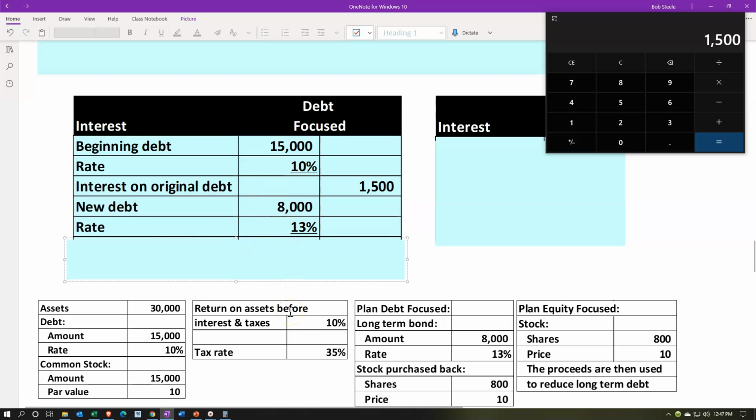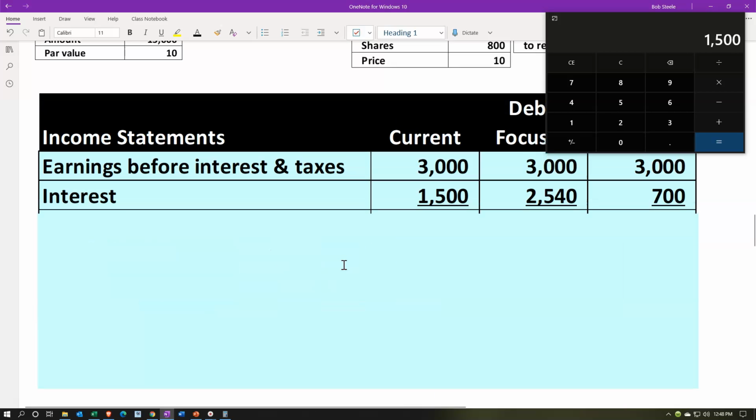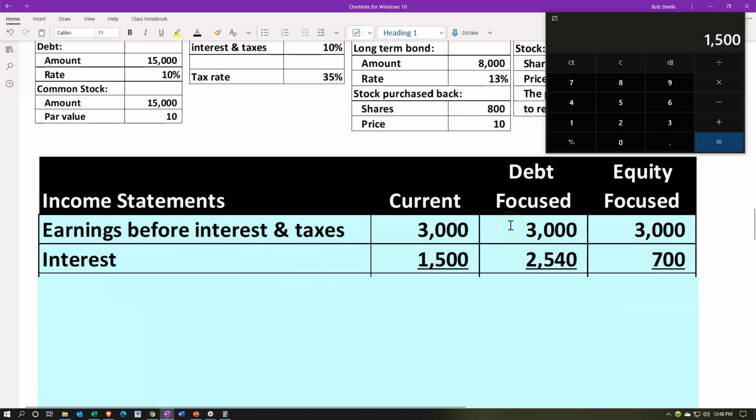When you take out more loans, they get a little nervous sometimes and increase the interest rate, which is annoying because we're totally good to pay it. But in any case, we have the 8,000 times the 13%, and that's going to give us the 1,040. So now we have the 1,500 plus the 1,040, which gives us the 2,540. That's going to be the amount for the debt-related plan.